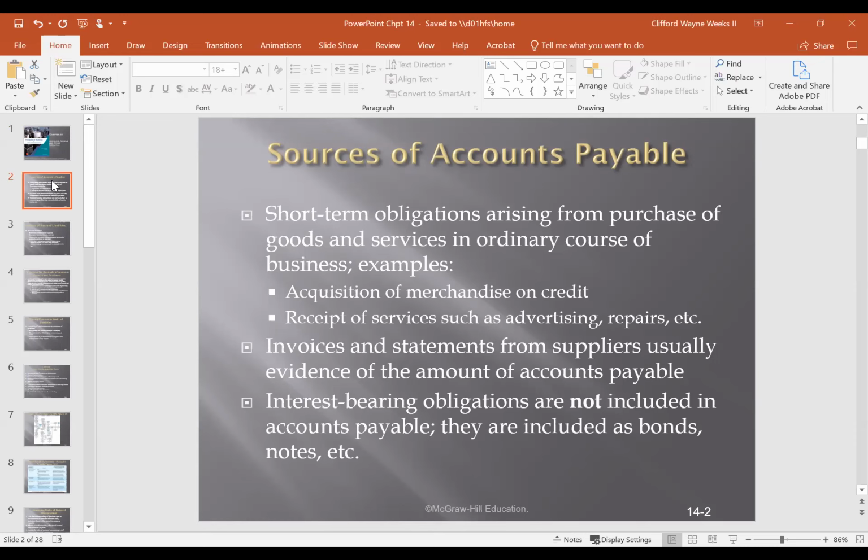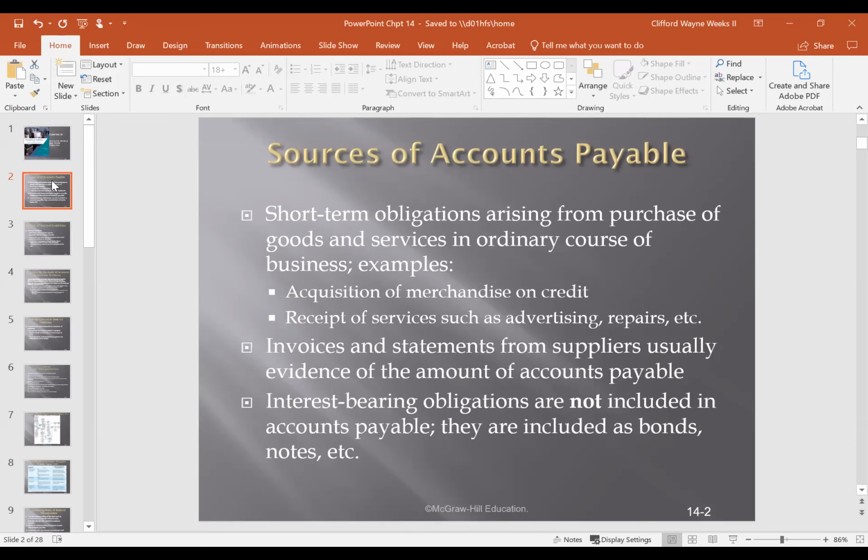If you think about that as we walk through this chapter, I think it'll make a lot more sense to you. So, sources of accounts payable: short-term obligations arising from the purchase of goods and services in the ordinary course of business. We purchased merchandise on account, we purchased supplies on account, those sort of things are payables.